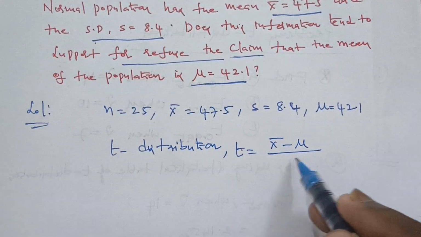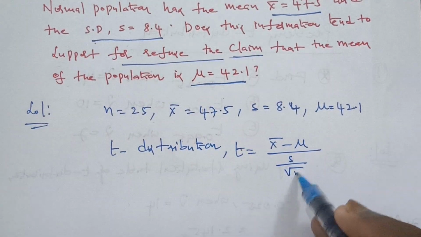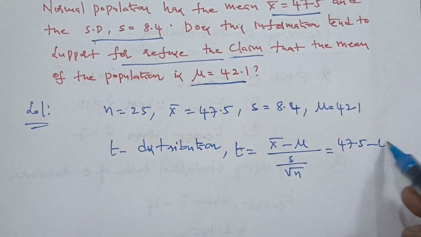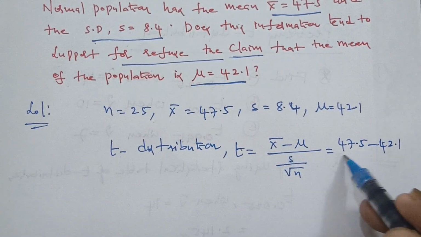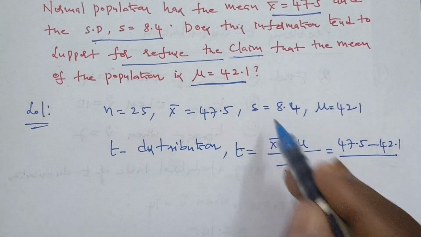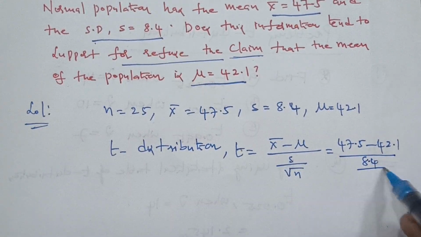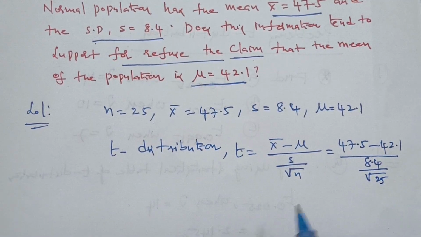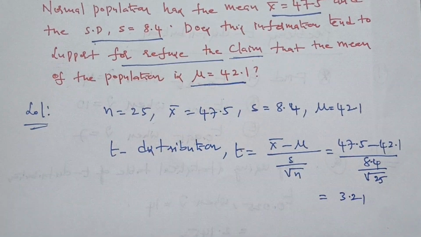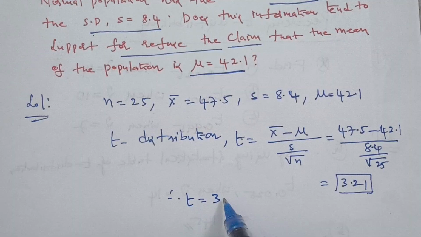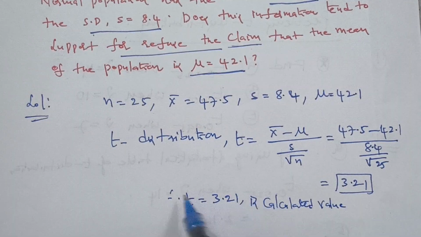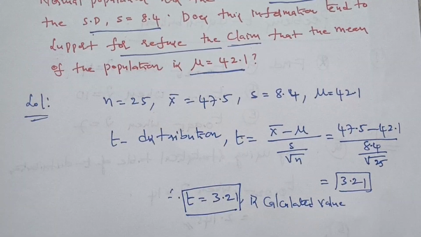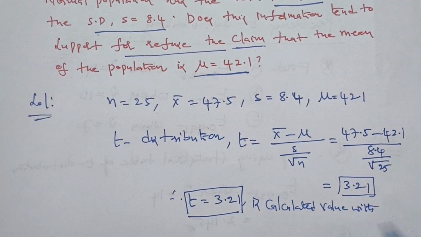We have the t value as x bar minus mu by s by root n. Substituting the required values, 47.5 minus 42.1 by 8.4 by root 25. Simplifying, we have the value 3.21. This is the t value, that is t equals 3.21. It is the calculated value by using this formula.